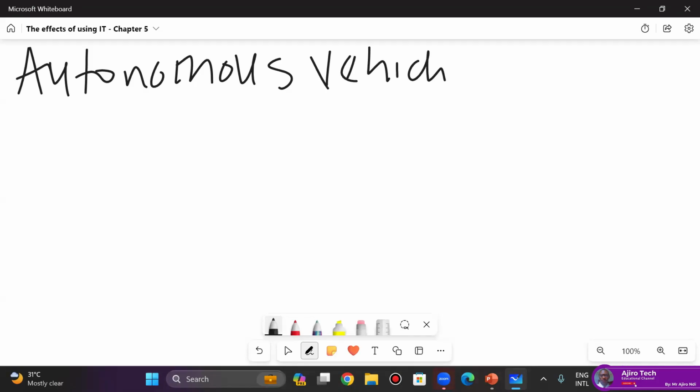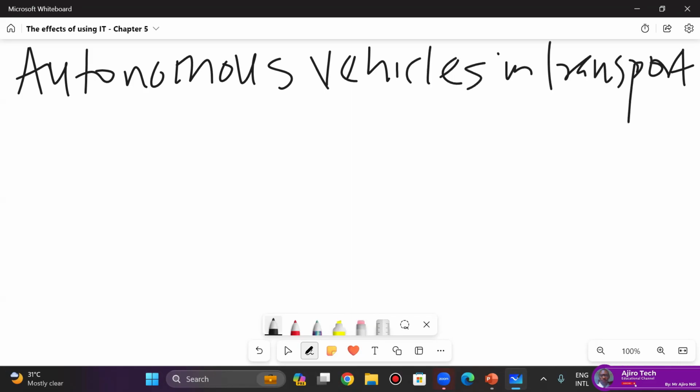Autonomous means it can operate on its own. I just wanted to add, in my class, driverless cars. Good. So driverless, right? When we talk about autonomous, it simply means driverless vehicles driving on their own.